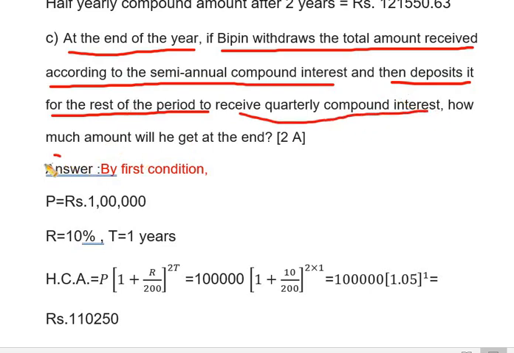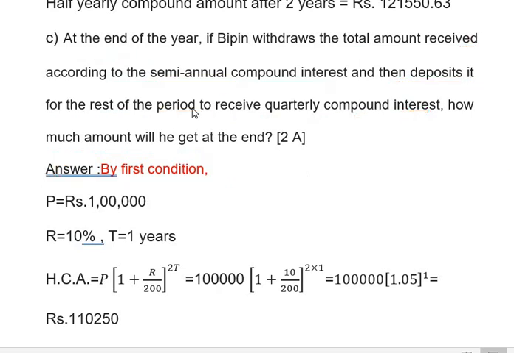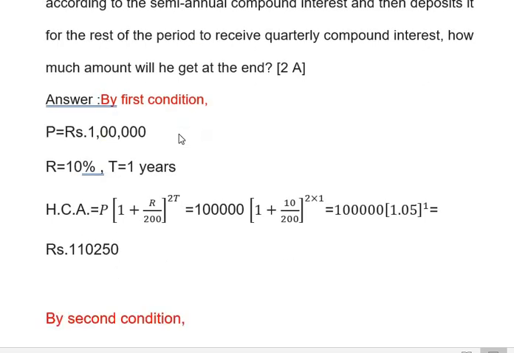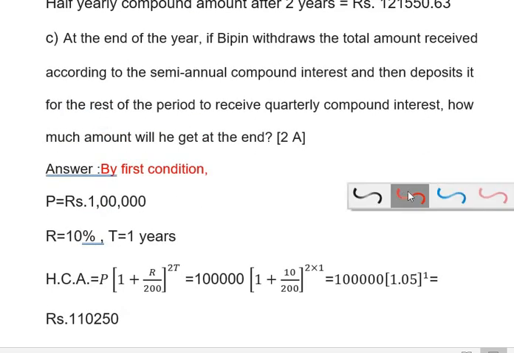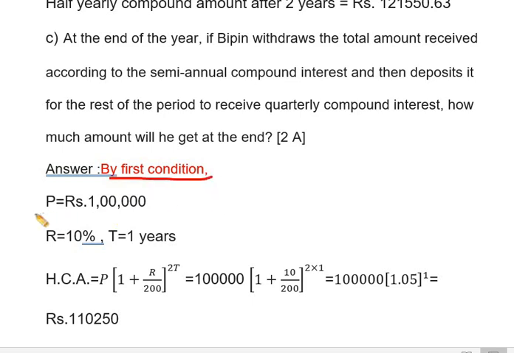Okay, now the first condition. Questions are not so hard, but you should understand what they say and what they indicate. By the first condition, the principal is 1 lakh, R equals 10%, but the time period is 1 year, not 2 years.